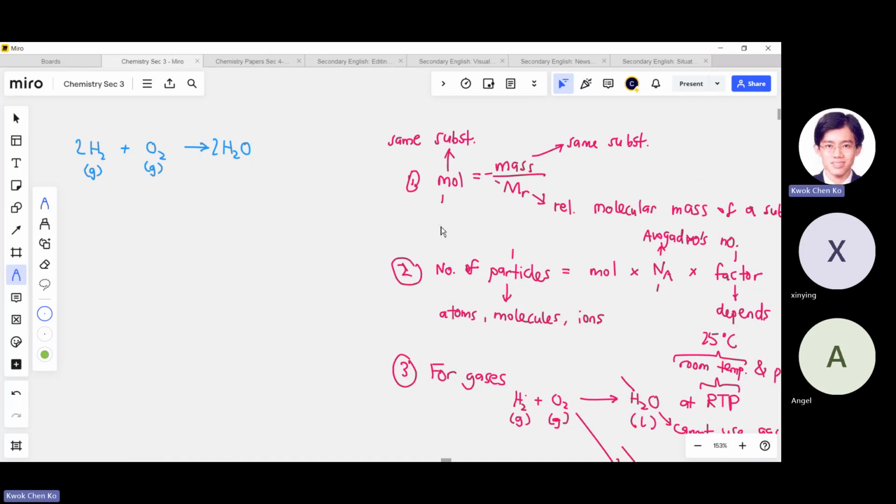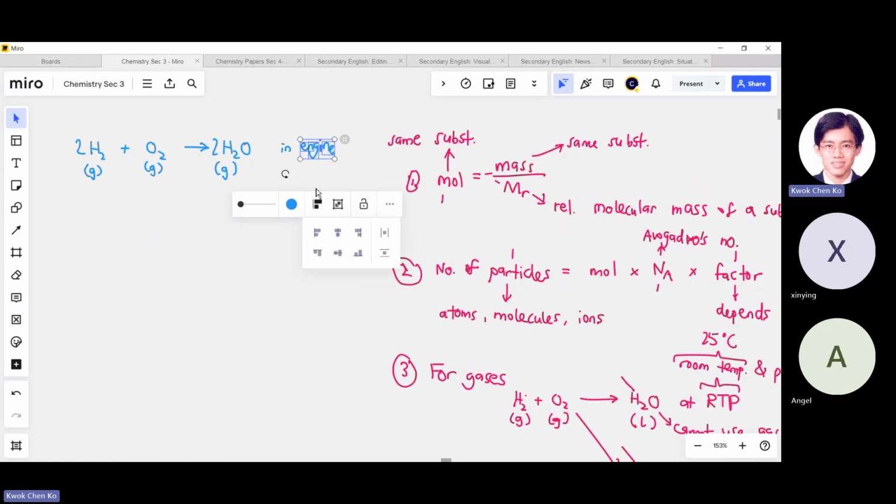Now, in this case, for water, I assume it's done in the engine, so it will be in the form of steam. So put it as gas. Normally, the question will mention something like that, maybe they tell you it's in the engine. It's going to be really hot, so therefore you expect it to be in the form of steam.